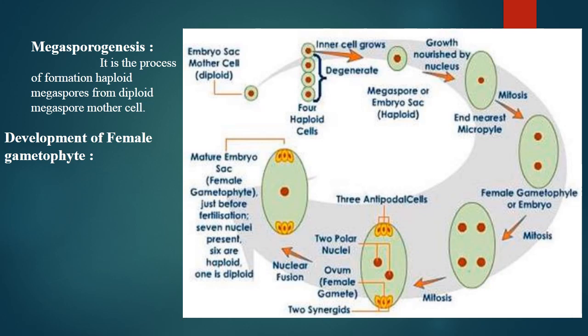This is the megaspore of the embryo sac, haploid. This growth is nourished by the nucellus. This end is nearest the micropyle. These are converted into the female gametophyte or embryo sac. In that there is mitosis, and this 8-nucleate structure is called the embryo sac.